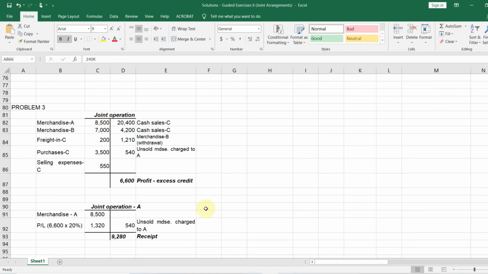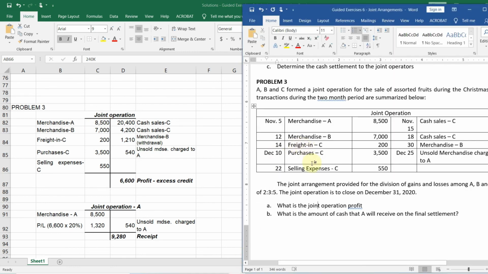So, let's see if something's different. So, you have merchandise contribution. Okay, ni A at ni B, 8,500, 7,000. I-add mo yung freight, 200. Yung purchases, naka-debit din, 3,500. And then select expenses na 550. So, the expenses, wala namang diferensya. Okay? On the credit side, you have the sales. Yan, 20,400.